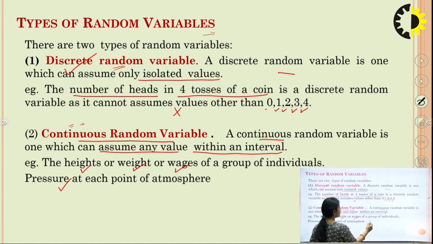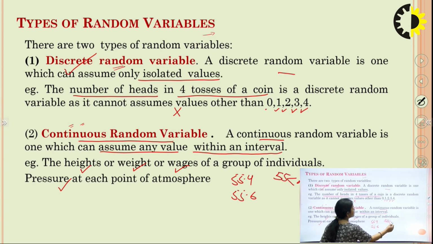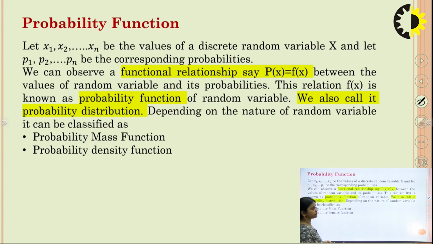We can have a height of 55.4, 55.6 inches, or in the interval 55 to 56, we can have any height, 55.2, 55.3, or any value can lie in this interval for the variable height. Similarly, weight, wages and pressure are continuous random variables.